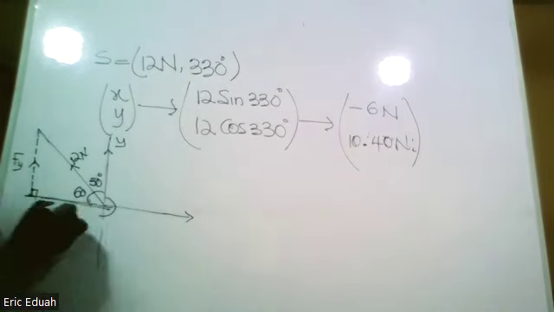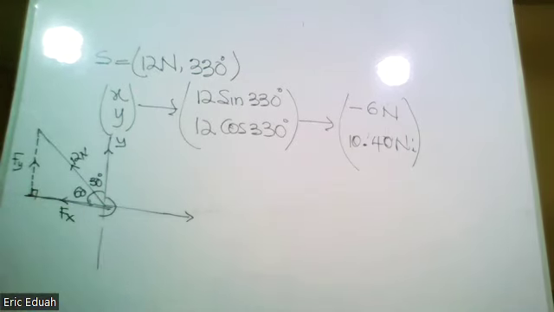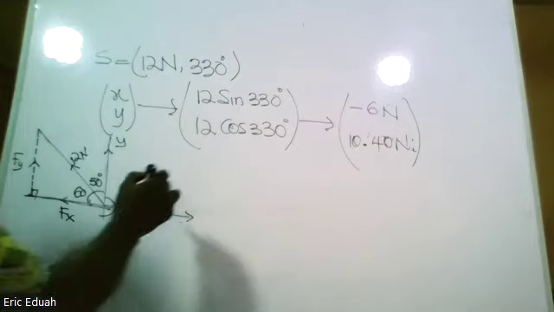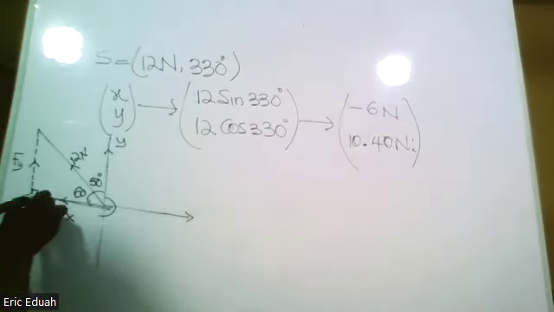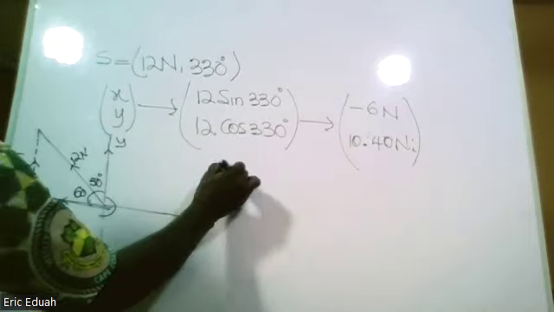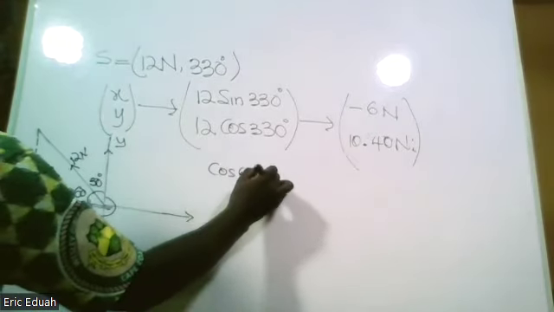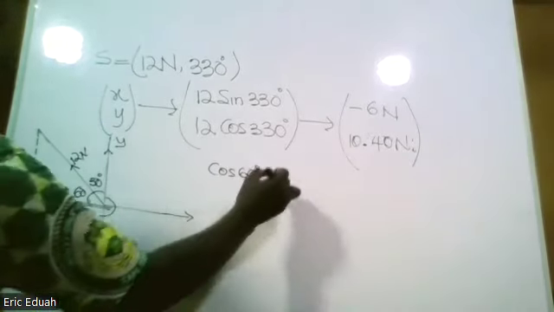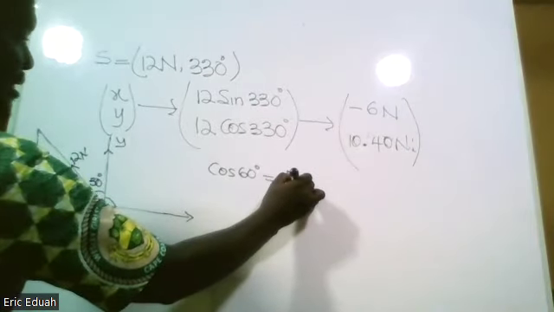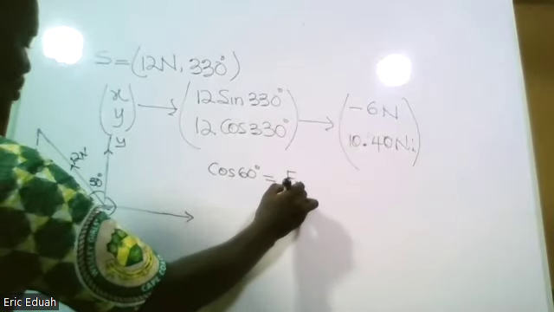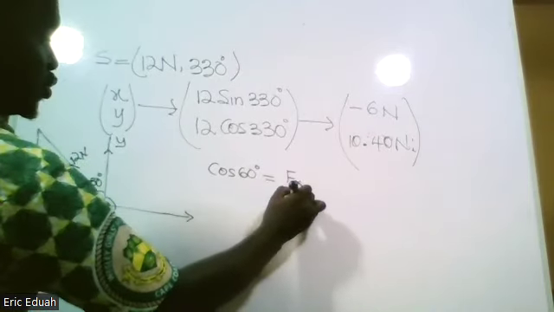And this side becomes Fx. Now, to determine Fx, cos of 60 is equal to Fx over 12.